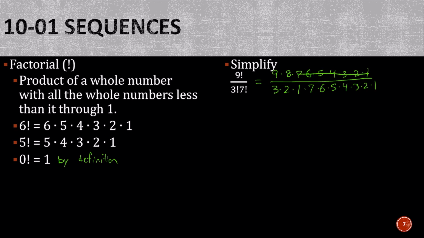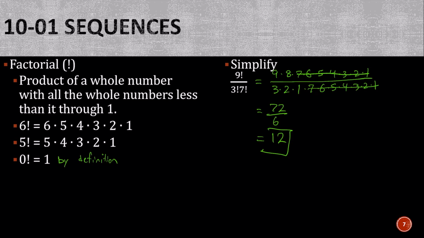Notice all the numbers 7 and down cancel out. So it looks like I have 9 times 8, which is 72, over 3 times 2 times 1, which is 6. 72 divided by 6 is 12.